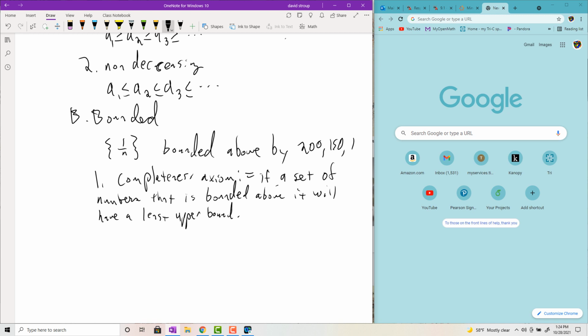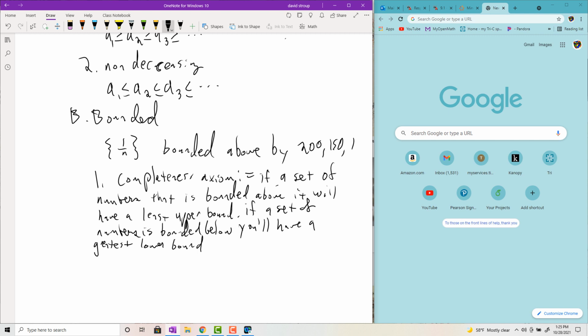And then likewise, if your set of numbers is bounded below, you'll have a greatest lower bound. Okay.